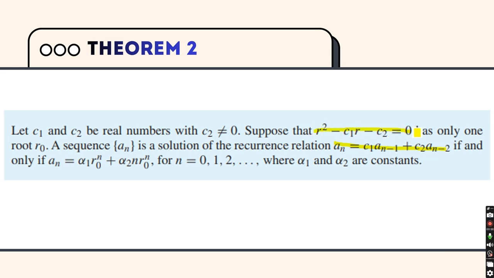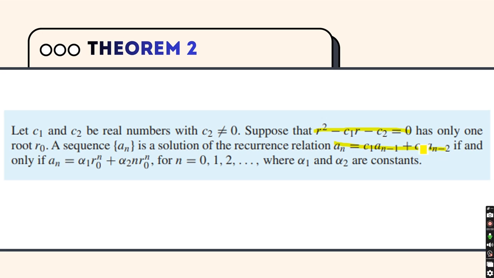So this is the characteristic equation. Usually this type of equation has two roots or two solutions like R1 and R2. But sometimes both roots are the same number.